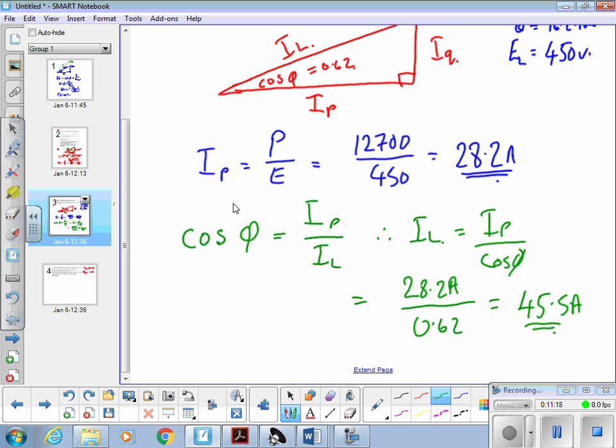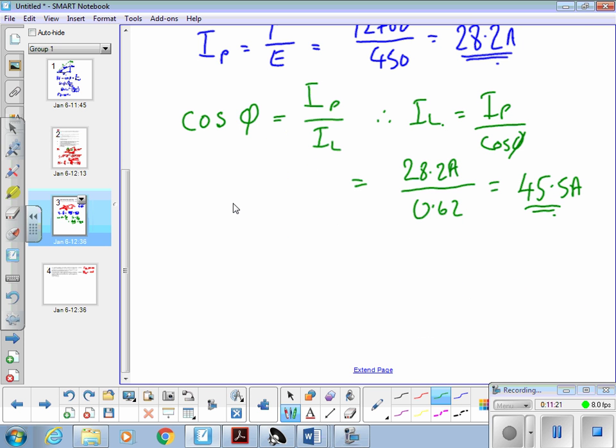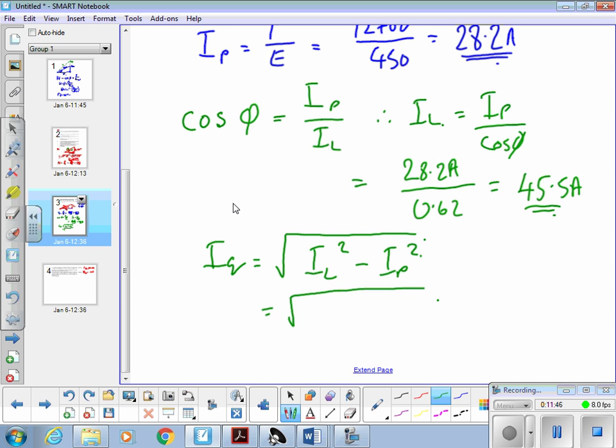And then, now knowing the line current, you can use Pythagoras to find IQ, square root of I line squared minus IP squared, .5 squared minus 28.2 squared equals. What answer do we get with that?